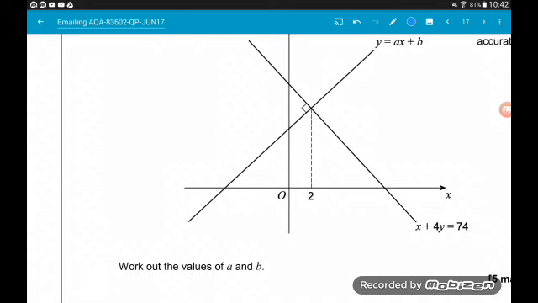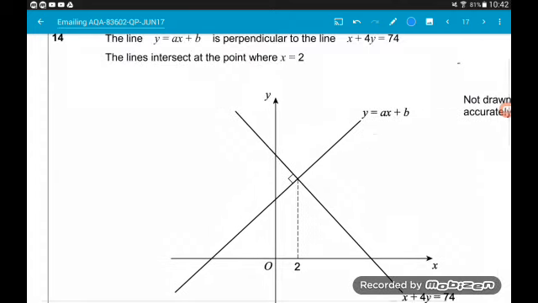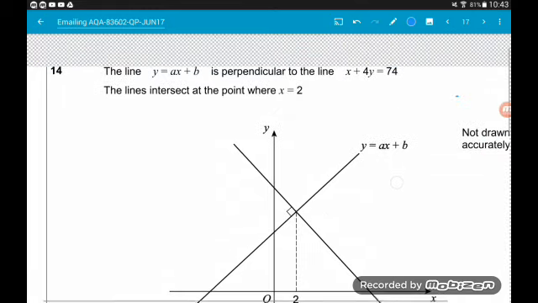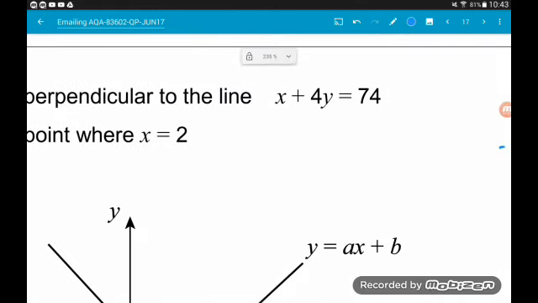And our mission is to work out the values of a and b. Okay, well, first of all, we need to get the gradient of this line. To do that, we need it in the form y equals mx plus c.